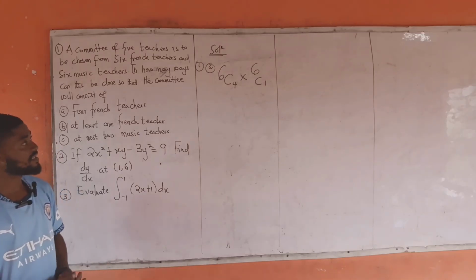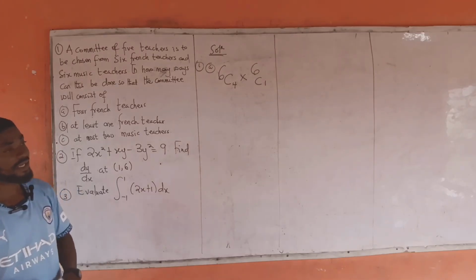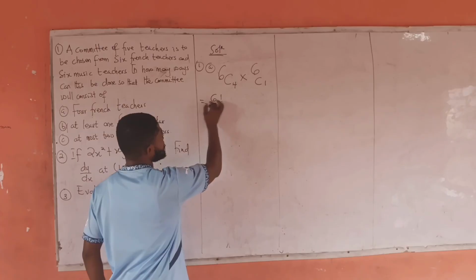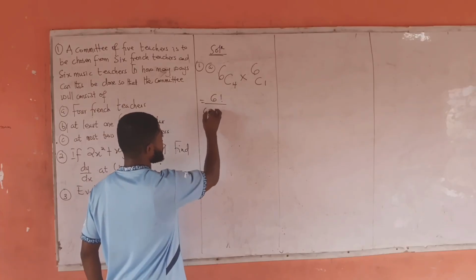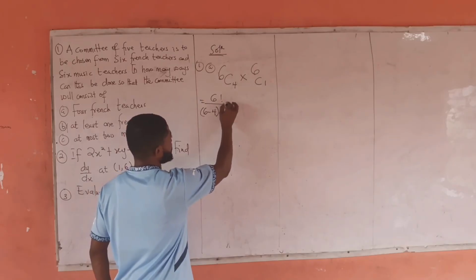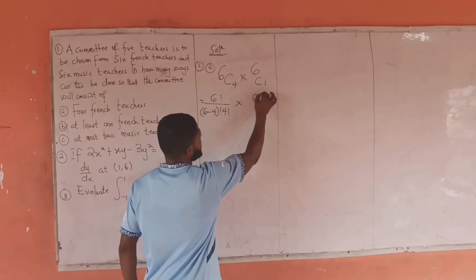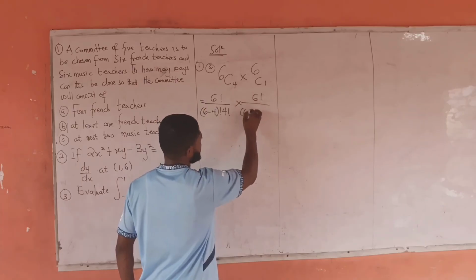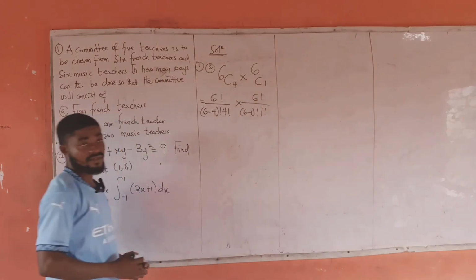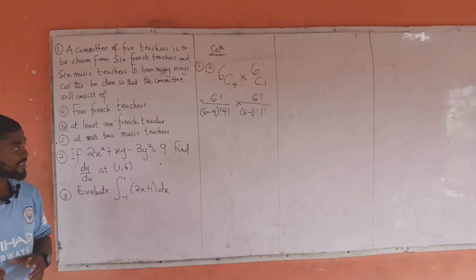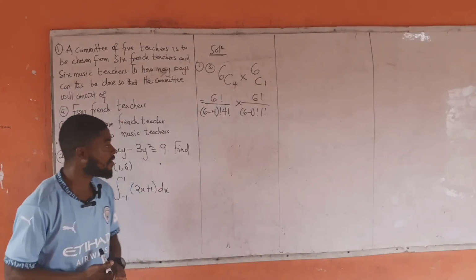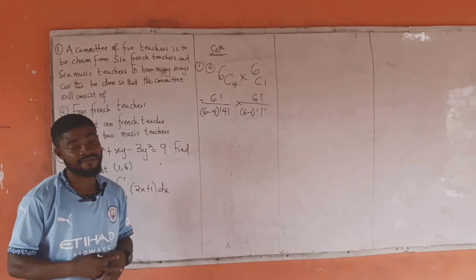So we know what 6 combination 4 is going to look like. We are going to have 6 factorial over 6 minus 4 all factorial, 4 factorial, times 6 factorial over 6 minus 1 factorial, 1 factorial.